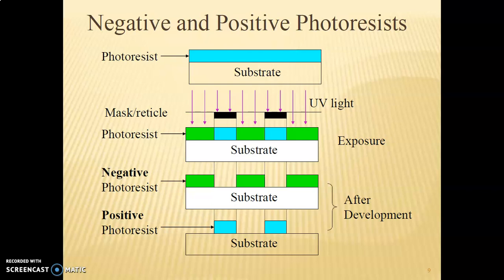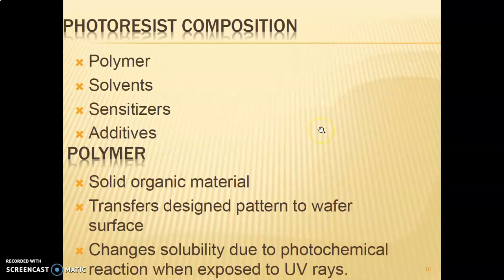In the second case, the blue part will be solidified and the rest of the part will dissolve. This is the photoresist process for the positive. So you will get a different result after the development process.